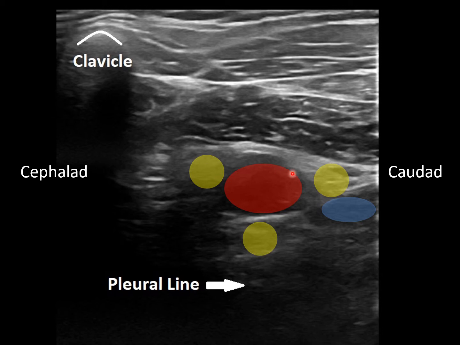The medial, lateral, and posterior cords of the brachial plexus are outlined in yellow here. The axillary vein, shown in blue here, is just caudal to the artery. You may also see the outline of the pleura deep to these structures, and this is an important border to recognize.